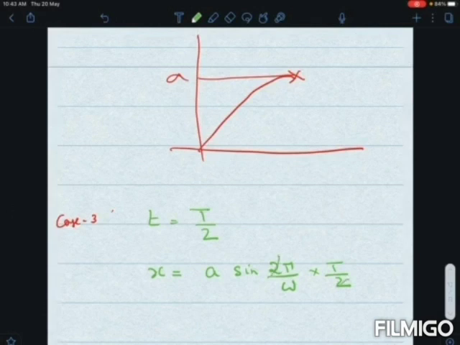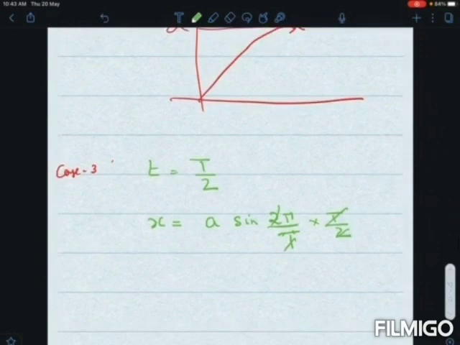So T and T get cancelled. We have a sine pi, and you know sine pi is nothing but equal to 0. So x will be equal to 0. So what happens?